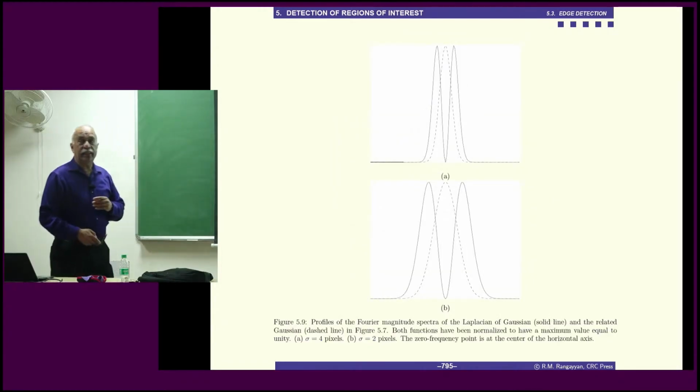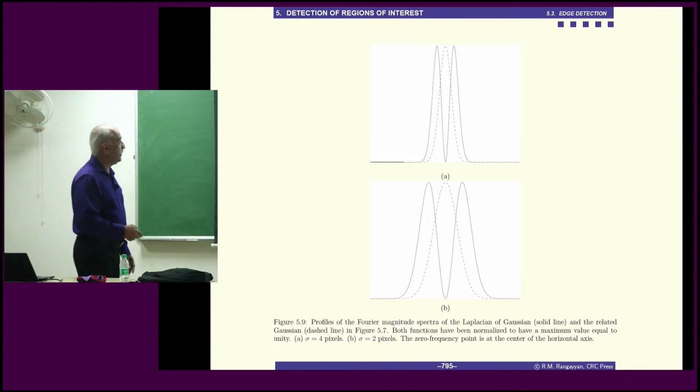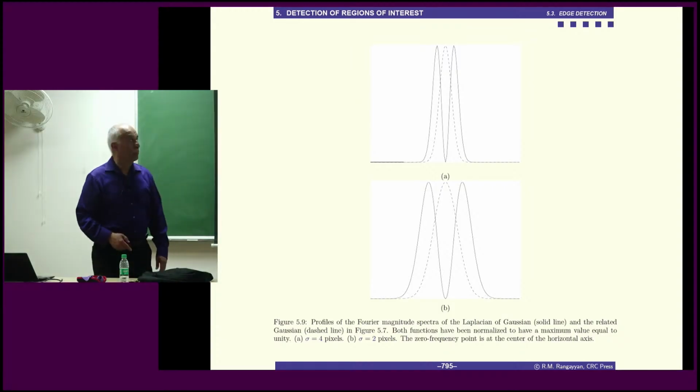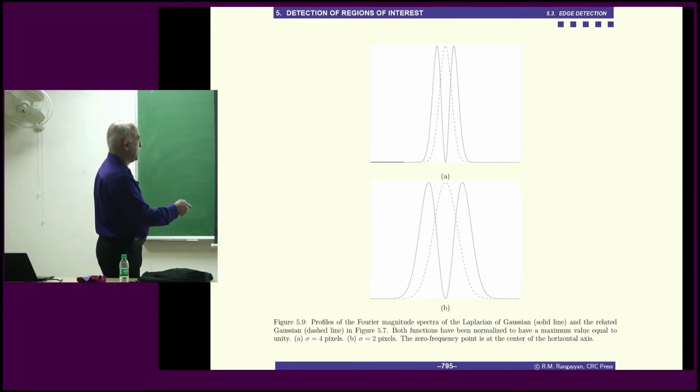If you take the profiles of the Fourier transform, or the frequency response in magnitude, you get this band pass filter. 0 frequency here, and it's a high pass filter, and then it's a low pass filter. But it's the same all the way around. This is of the first one with sigma equal to 4 pixels, and sigma equal to 2 pixels. This is less blurring.